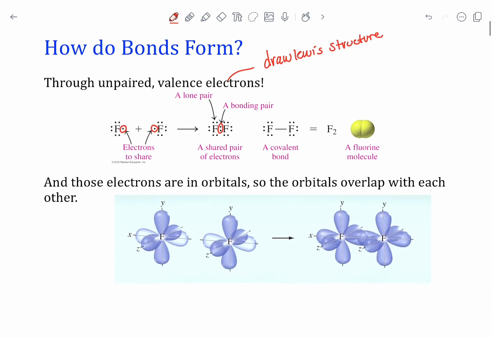So, what it looks like in the orbitals are p orbitals, because those valence electrons are in p orbitals, because fluorine has its valence electrons in the p shell because it's in the p block of our periodic table. So what's happening is the orbitals are actually what's overlapping in order to form the bond.